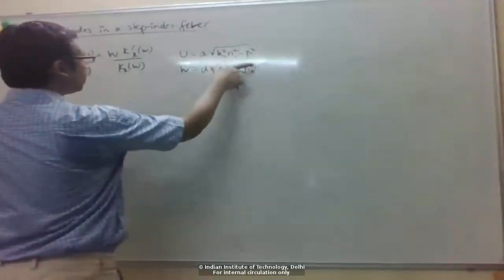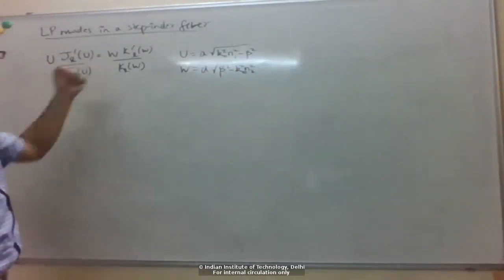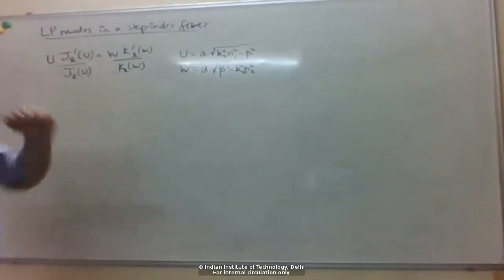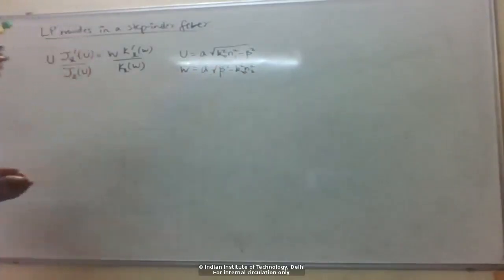These are the usual kappa and gamma. Just like in the slab, we had a transcendental equation, in the fiber also we have this transcendental equation, but now in terms of these Bessel functions. And the solution to this would give me the value for beta for a particular mode.